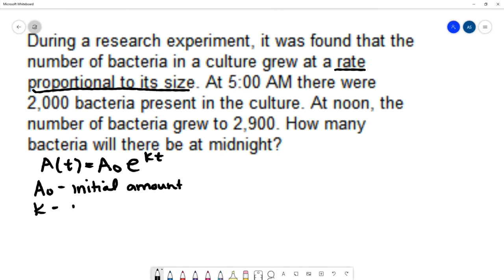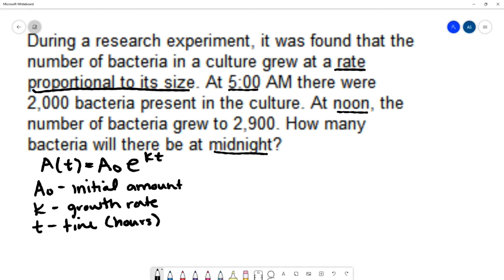K is our growth rate. T is time. And in this example, they're marking out the time with 5 a.m., noon, and midnight. So they're using marks of the hour, so our time is in hours. And then we have A, and A is the amount after time.